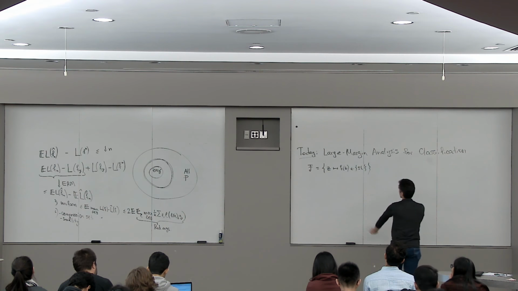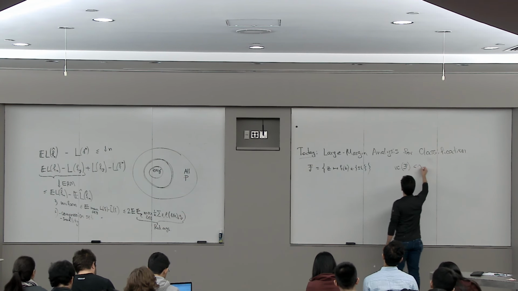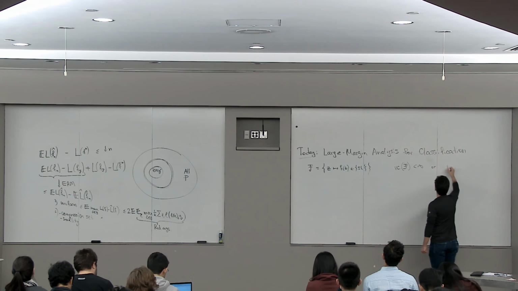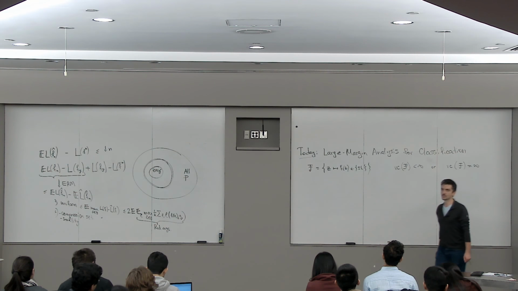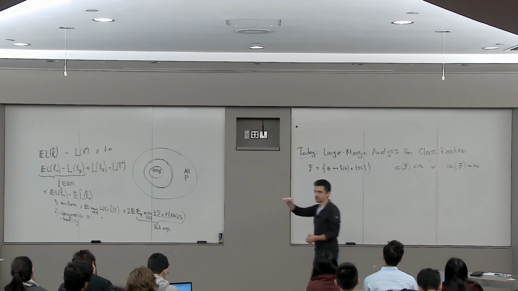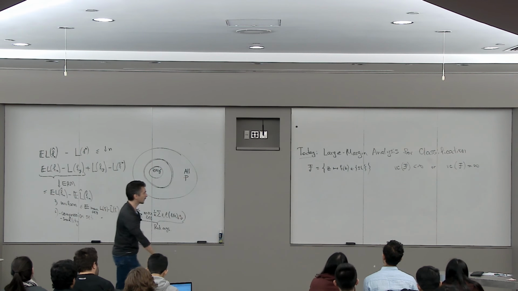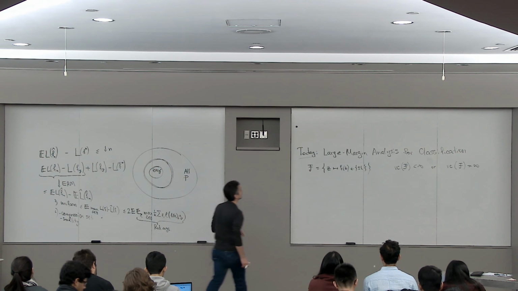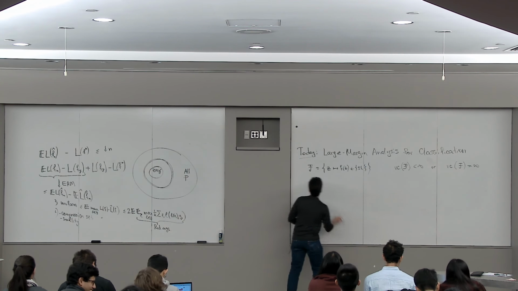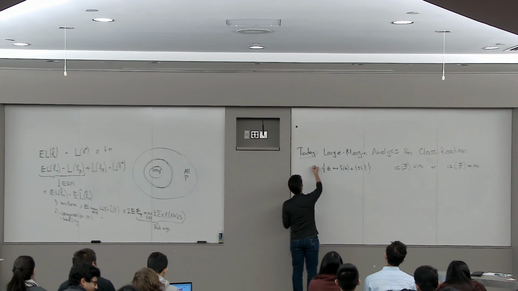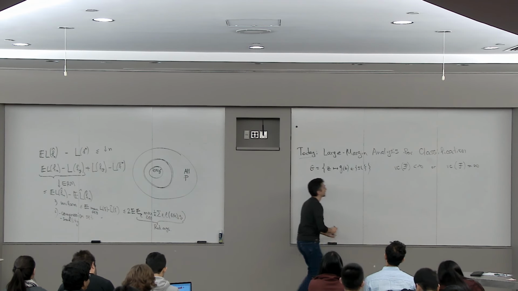Then either the VC dimension of F is finite or the VC dimension of F is infinite. Okay? So that's like a litmus test, whether the class is simple enough or not. Perhaps I can call this G.